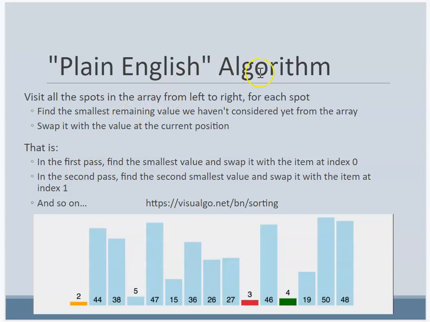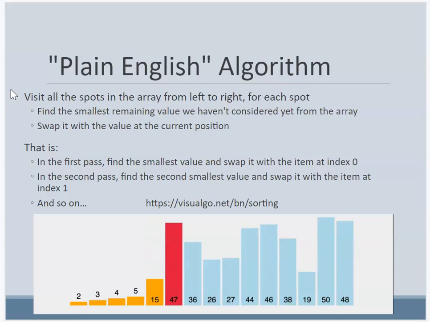And so in plain English, what the selection sort does is it visits all the spots in the array from left to right. For each spot, it finds the smallest remaining value that we haven't considered yet from the array, and then it swaps it with the value at the current position.